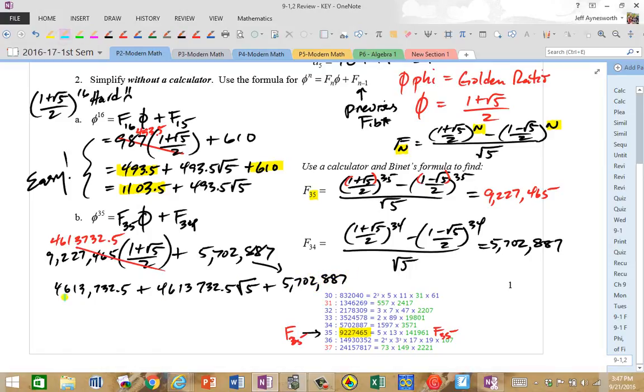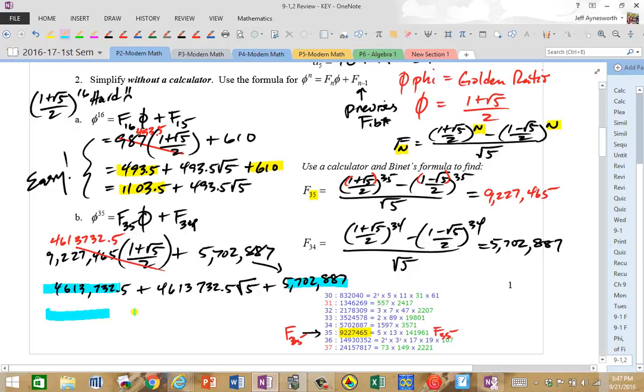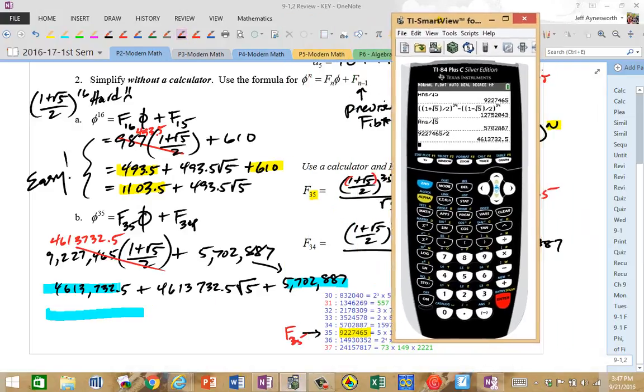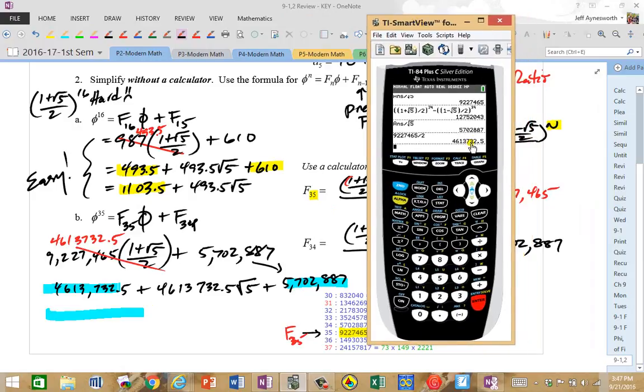Now what I need to do is add the like terms. So let's do that. I already have this in my calculator here. So what I need to do is add the 5 million here. So I go plus 5,702,887, and I get a bigger number, right?